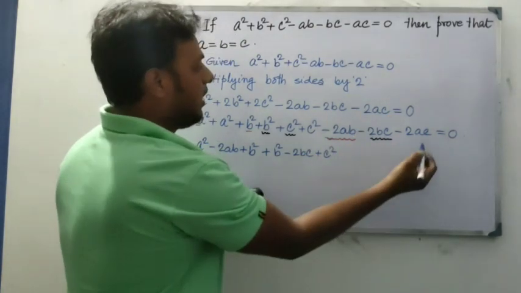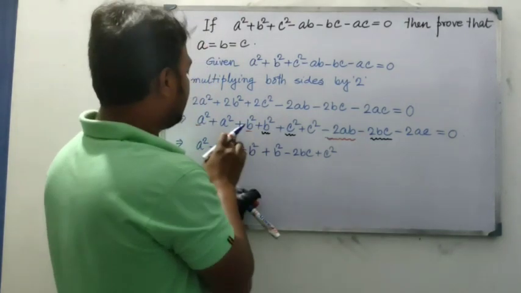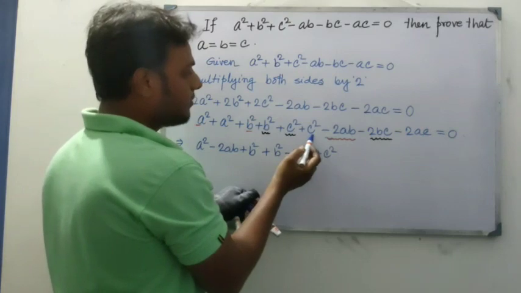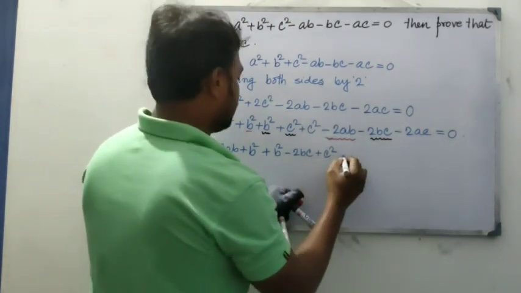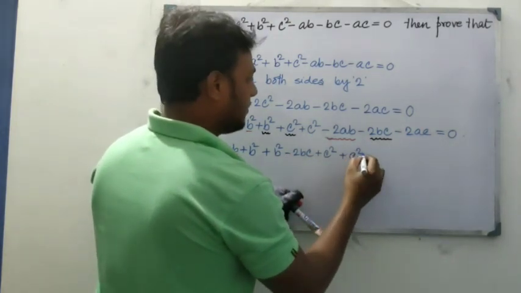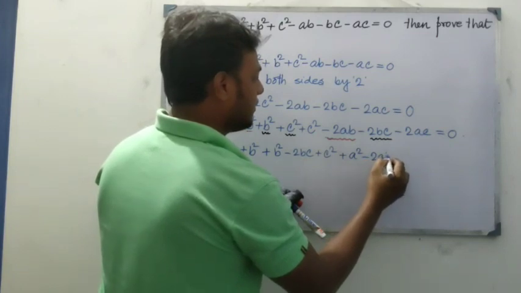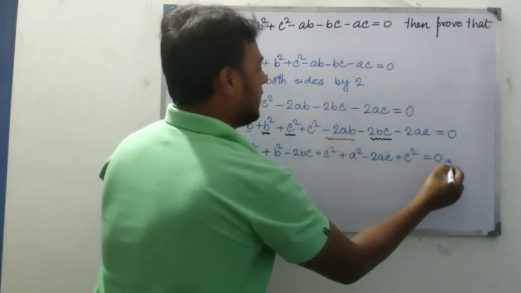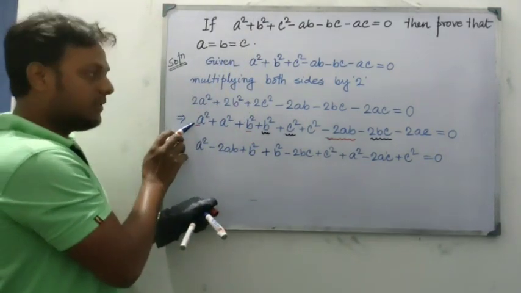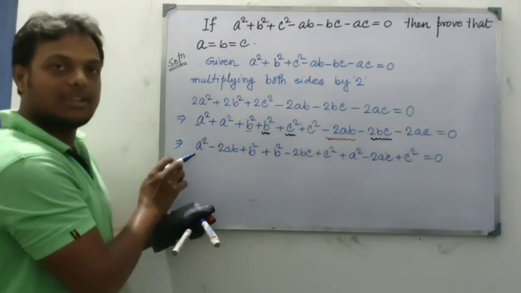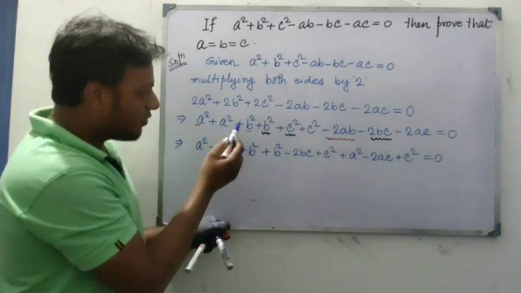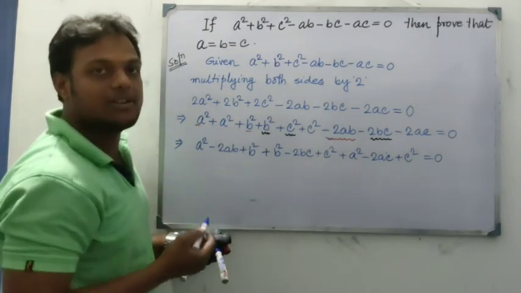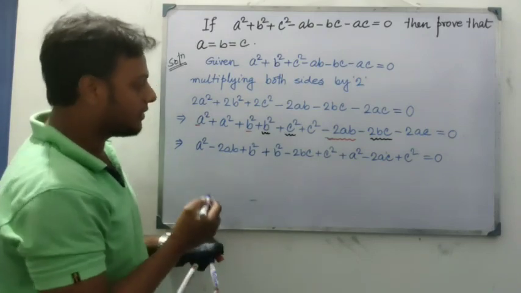And for 2ac we will consider the rest terms. Rest terms are a square, here c square, and this 2ac. So plus a square minus 2ac plus c square. Understood? Actually this previous line and this line are basically same, just we have arranged here so that we get the advantage, or we can make the perfect square.